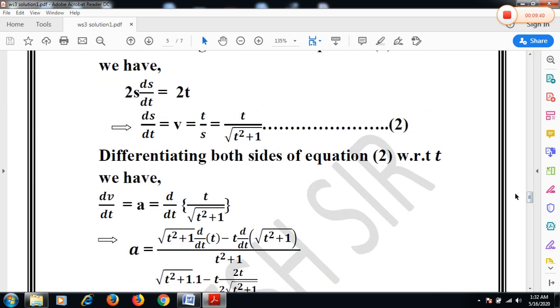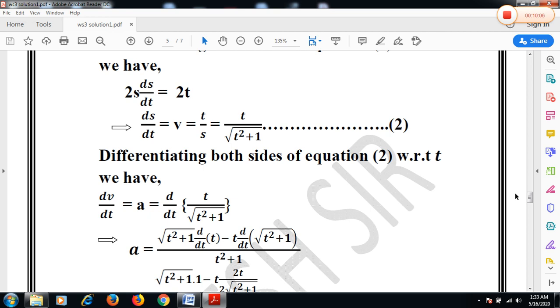Now differentiating both sides of equation 2 with respect to t, we are having dv dt equals to a equals to d by dt of t by root over t square plus 1. Now we will be using our quotient rule of differentiation, that is the numerator by denominator expression form, and that is (g f dash minus f g dash) by g square.